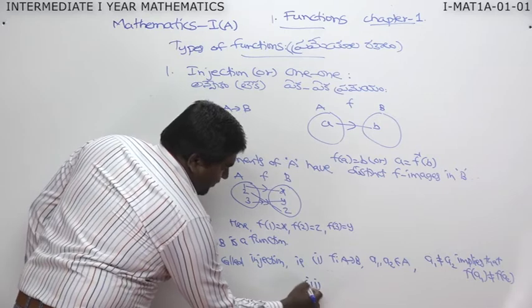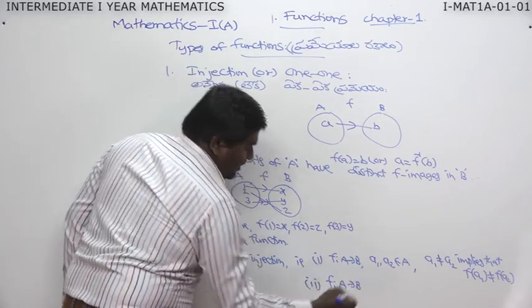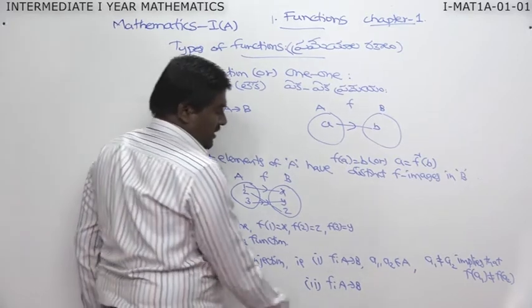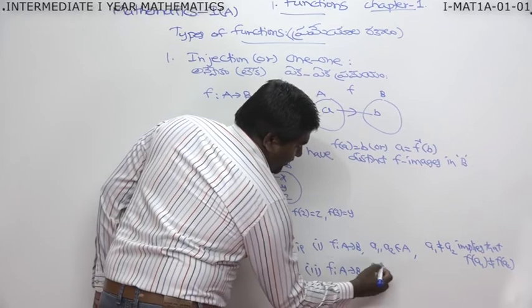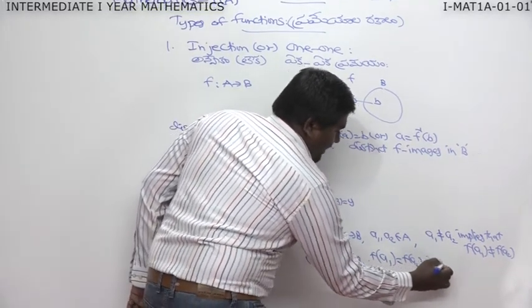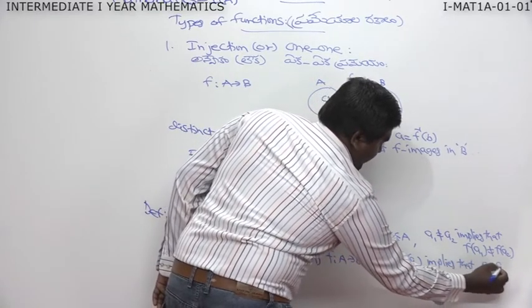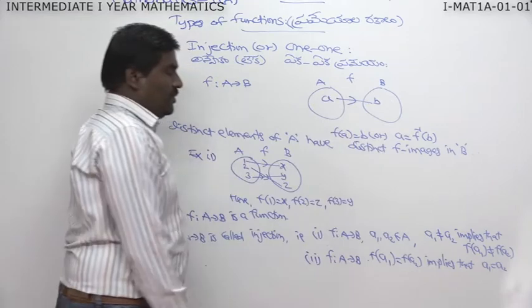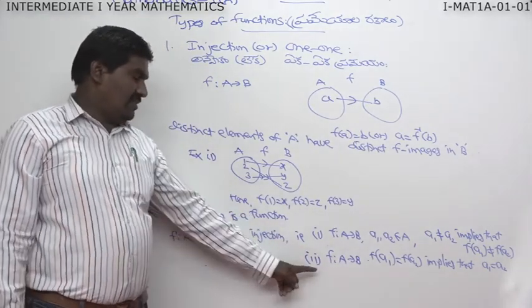Likewise, you may define it like this also. f maps A to B, a function, is said to be an injection if f of a1 is equal to f of a2 implies that a1 is equal to a2. You may represent the definition of injection like this.